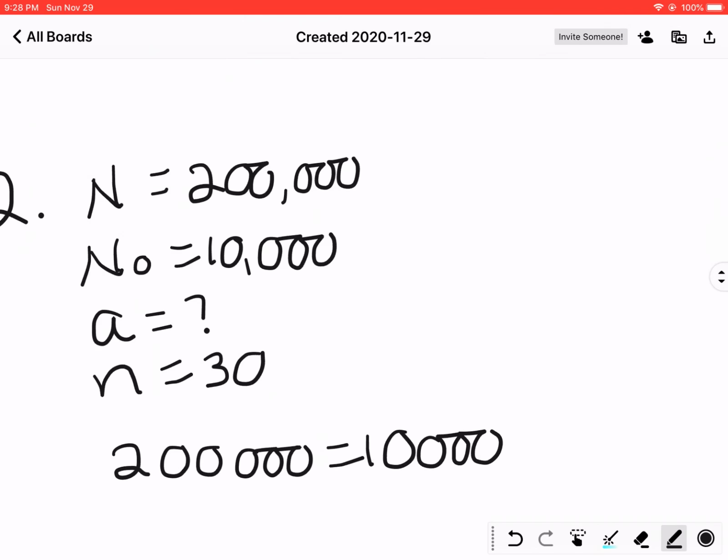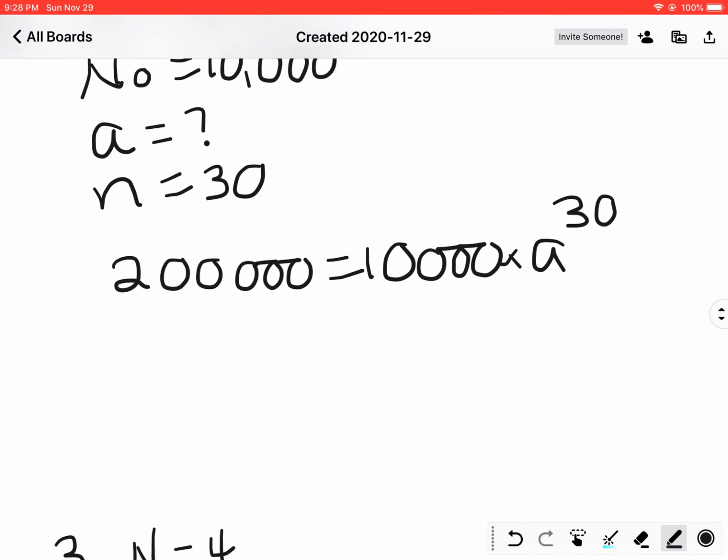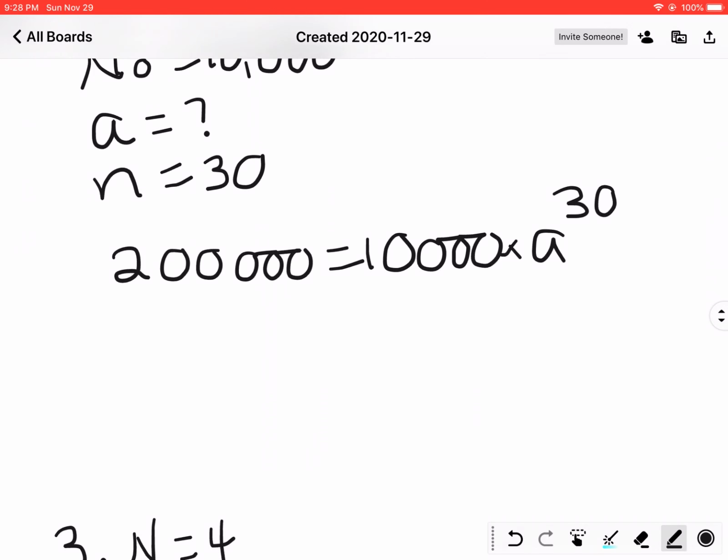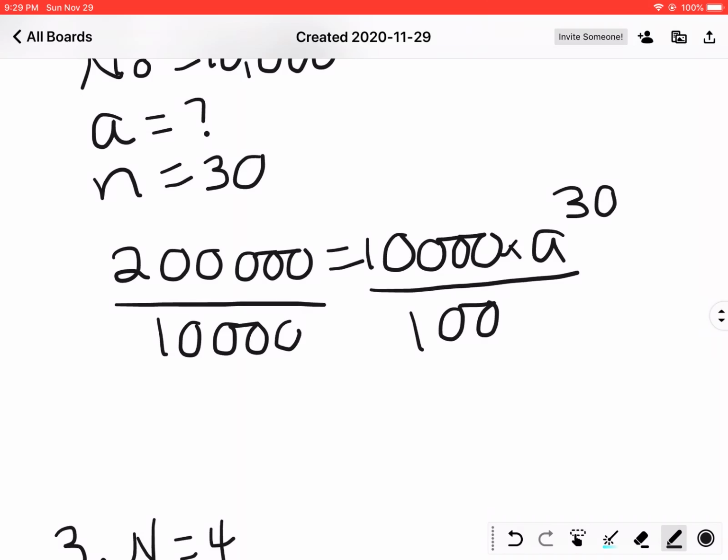Final amount equals initial amount times a to the exponent 30. When we're doing these, anytime we're doing something to do with this, we need to get it by itself. So the first thing I'm going to do is I'm going to divide both sides by 10,000 to get that to cancel off.